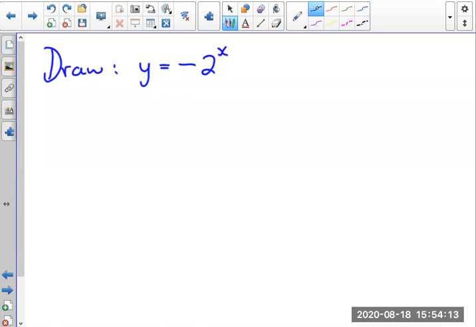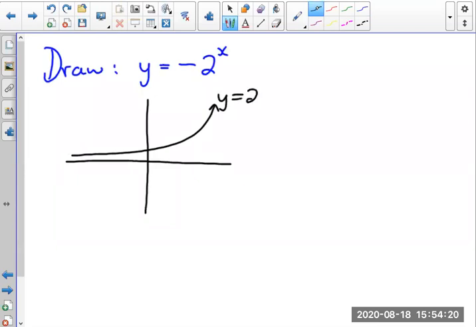We started with that one and we said that was y equals 2 to the x. By the way, what is the y-intercept going to be? Remember, for y-intercept, make x equal to 0. 2 to the 0 is 1, and it's an increasing graph.